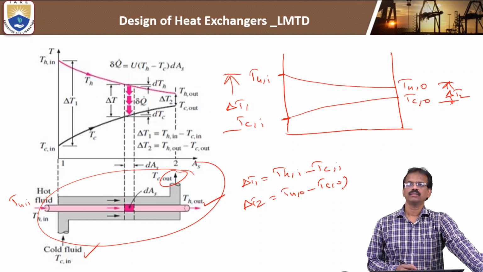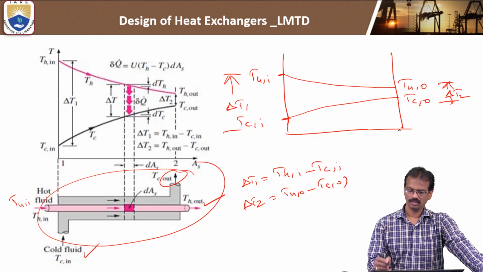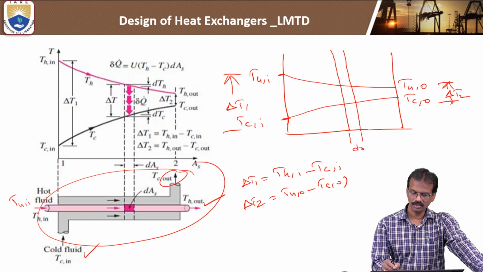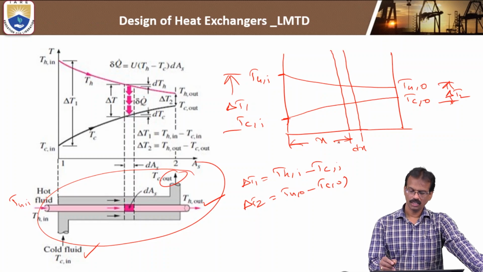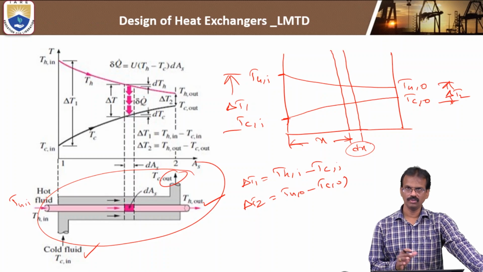For the derivation, we will take a small elemental area dx, at distance x. We will derive the rate of heat transfer for this small elemental area, and then we can integrate with respect to limits.